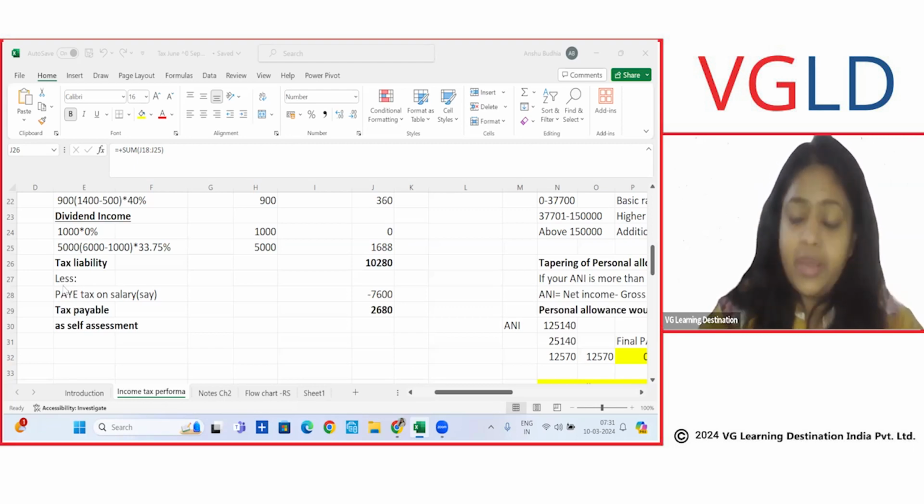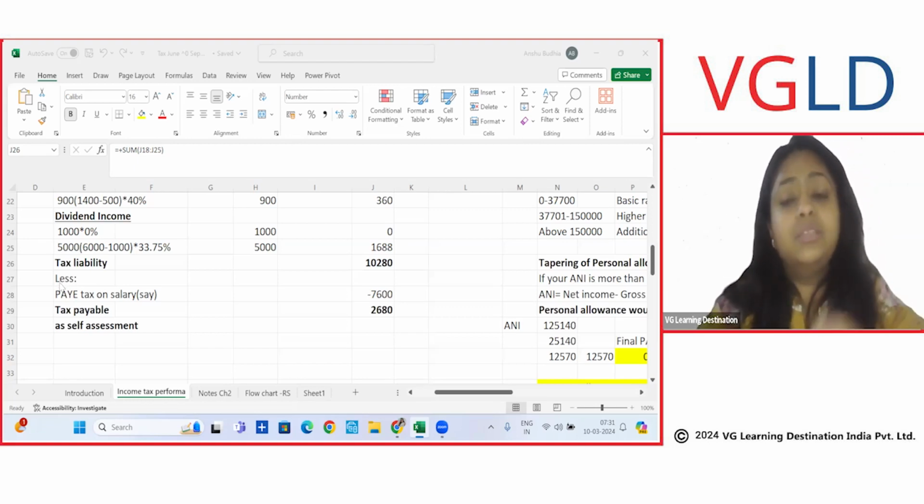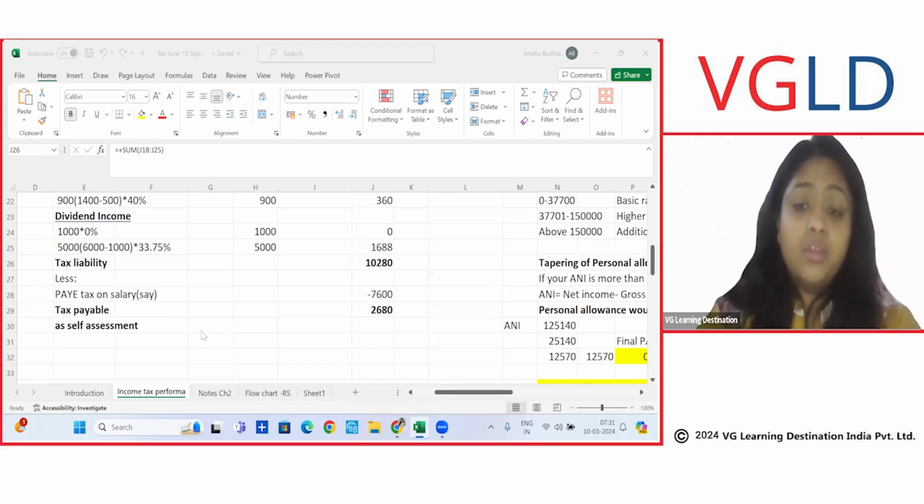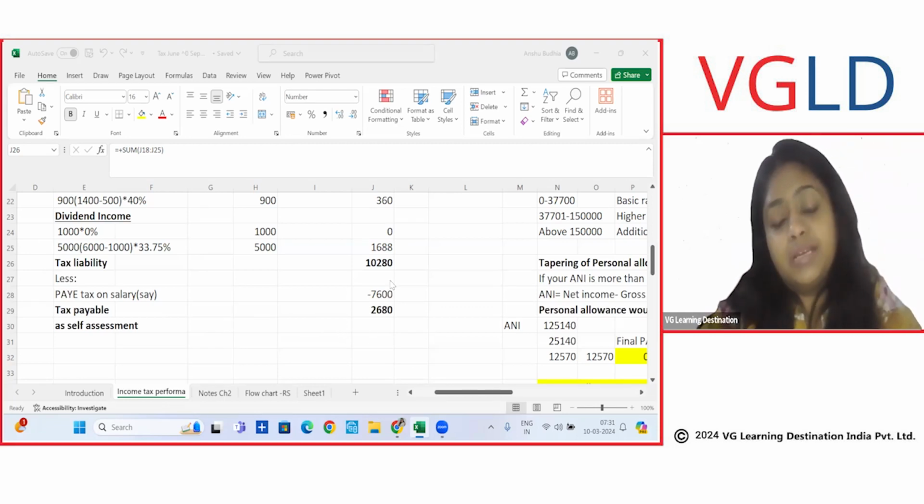If there is PAYE on salary, the question will give you that data. You should just know that PAYE on salary, the tax which has already been deducted by the employer from the salary, will reduce your income tax liability.